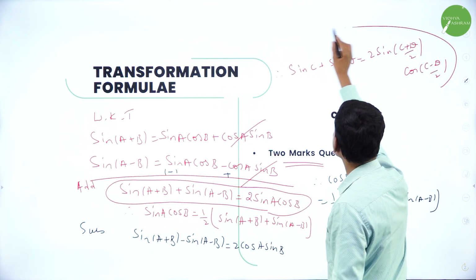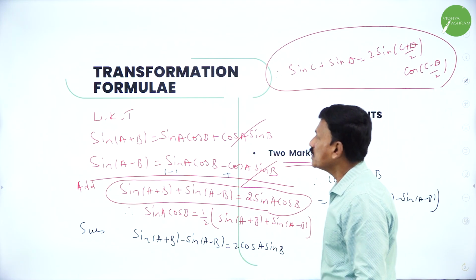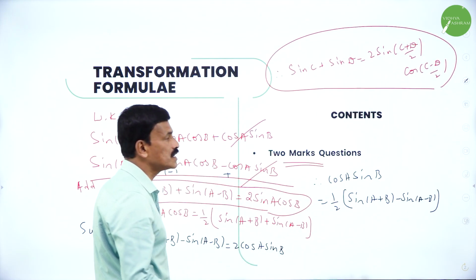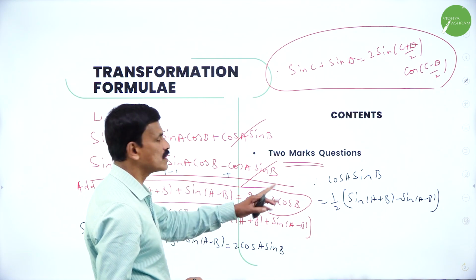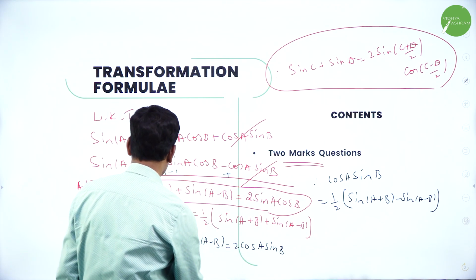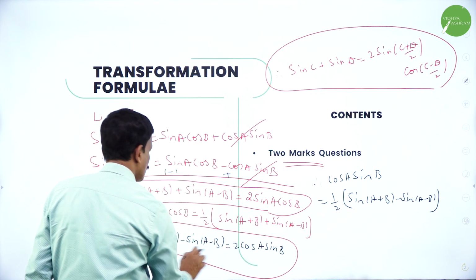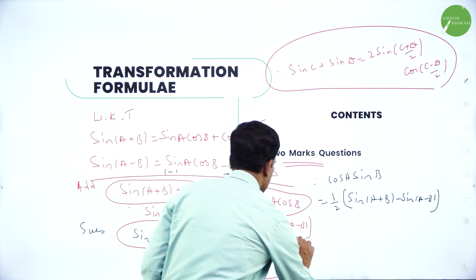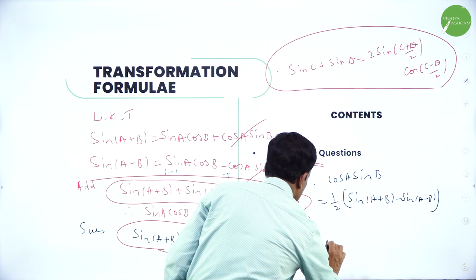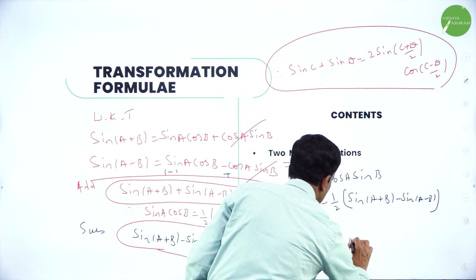This is the first transformation again. Sin C plus sin D is equal to 2 sin (C+D)/2 into cos (C−D)/2. Similarly, from this, what will we get?